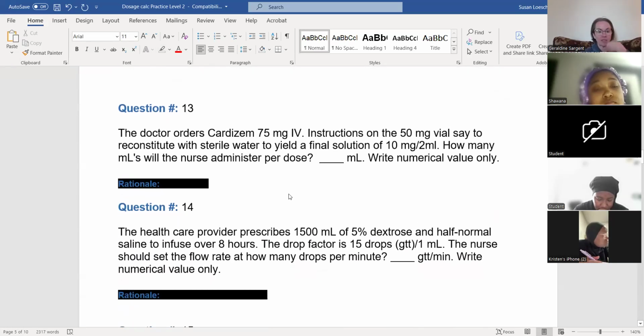Okay, so let's try this one. Again, look at your last statement. How many mLs will you administer per dose? So really, this is just desired over half. What is your order and what do you have on hand? What were you left with?